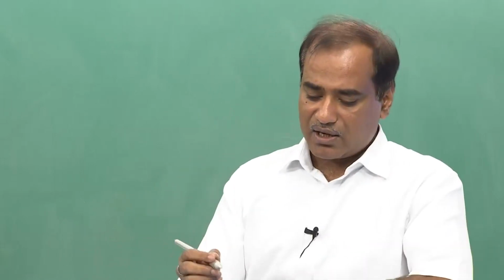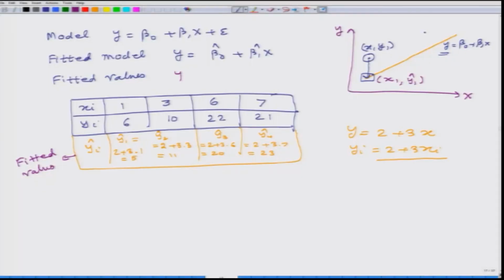I can write the fitted value as y hat is equal to beta 0 hat plus beta 1 hat, using a given value at x equal to xi. So, this is my ith fitted value.